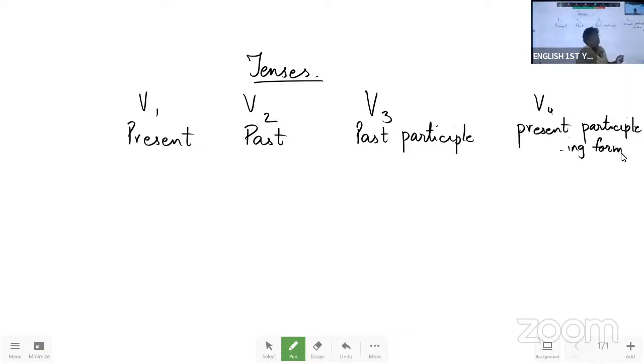What is the difference between present participle and a gerund? Gerund is the noun ing form and present participle is the verb ing form. V1 is actually not known as present tense. Though we use it for present tense, it is known as the base form of the verb.